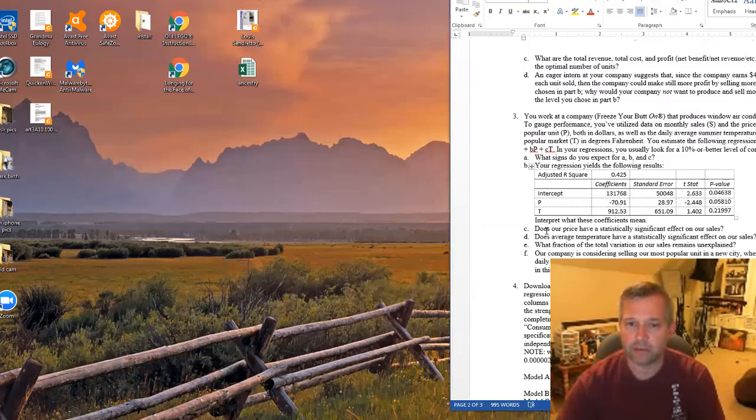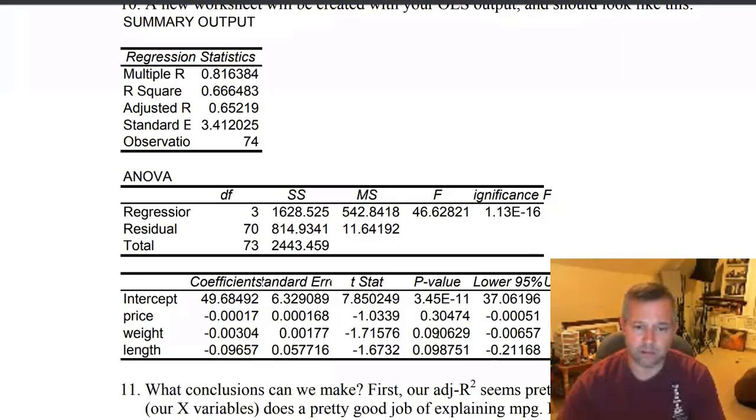So if you were to ask, does price have a statistically significant effect on sales, then you'd want to know, is the price variable significant at the 10% level? And that would mean, like with the weight and the length variable, is it 0.1 or less? You want it to be less than the significance level that you're looking for.